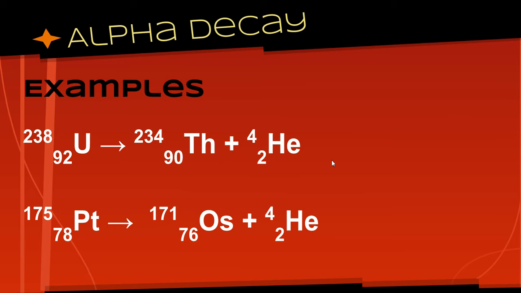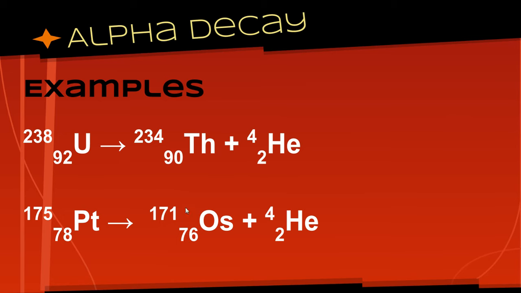Another example, we have platinum. So platinum's mass number was 175, atomic number is 78. If it undergoes alpha decay, we're losing the alpha particle right here. So we've got the mass number of 4 and the atomic number of 2, so it decreases by 2 protons and 2 neutrons. And what it does is it changes the element because we're changing that atomic number, so now we have osmium, number 76, which is now going to have 76 protons.